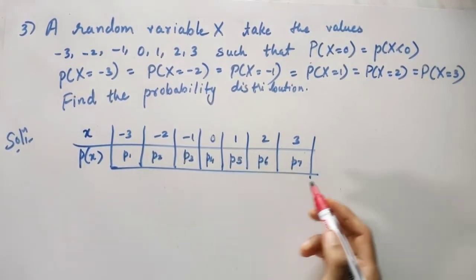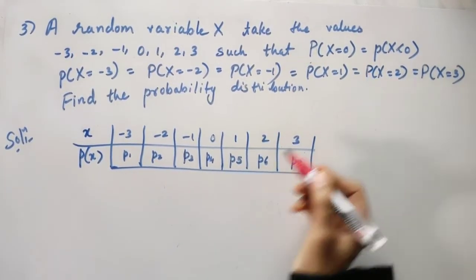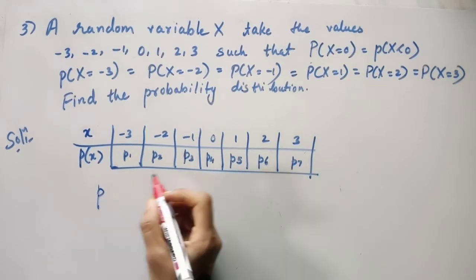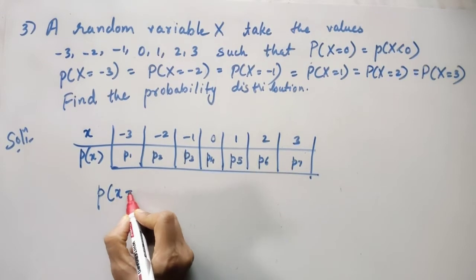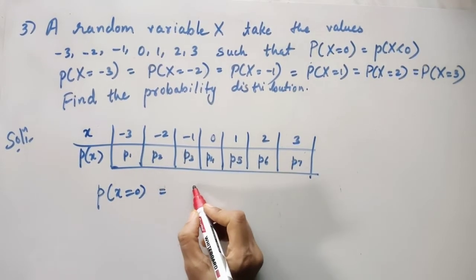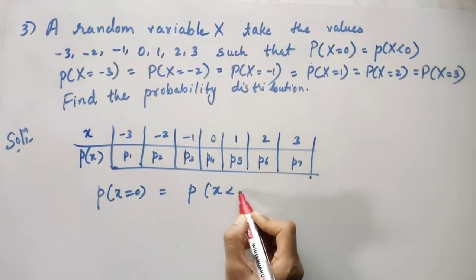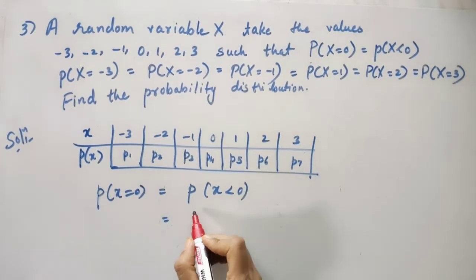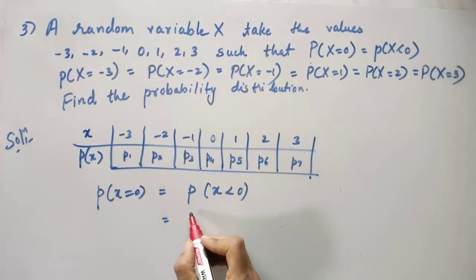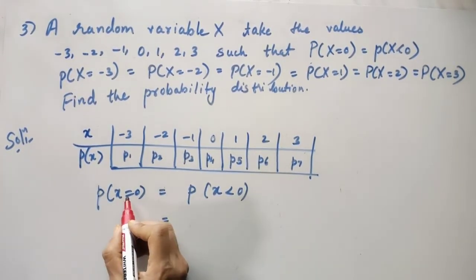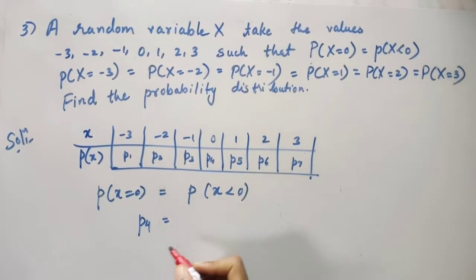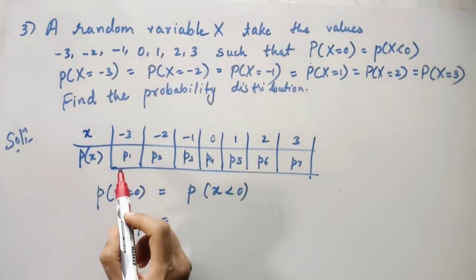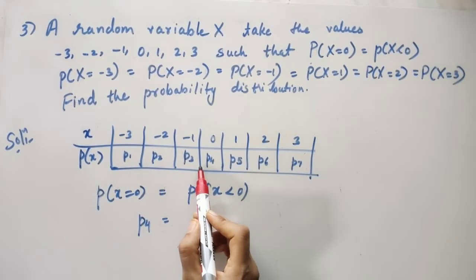According to the given question, P(x = 0) refers to p4. P(x = 0) is equal to P(x < 0). Probability of x less than 0 means the addition of all these excluding 0.